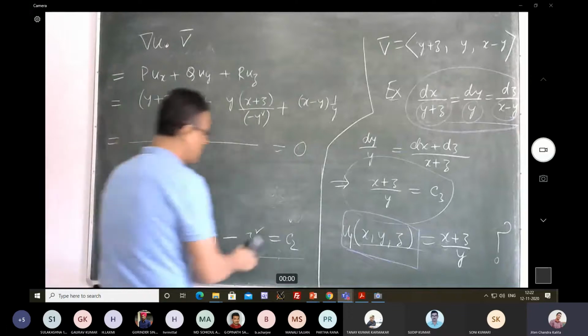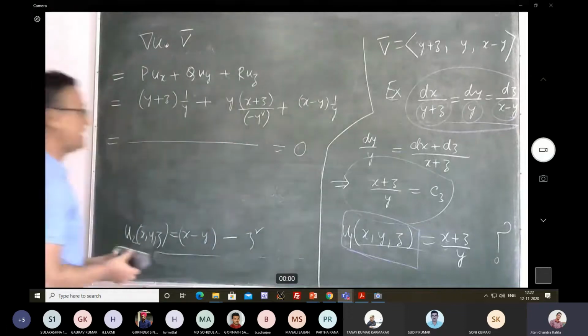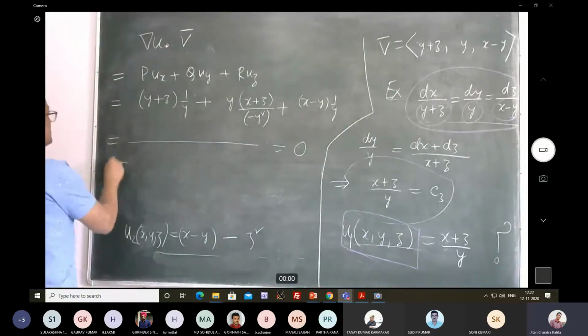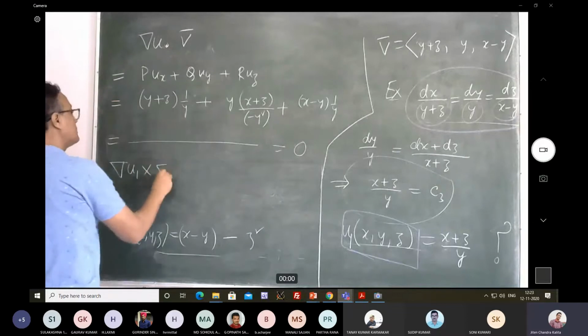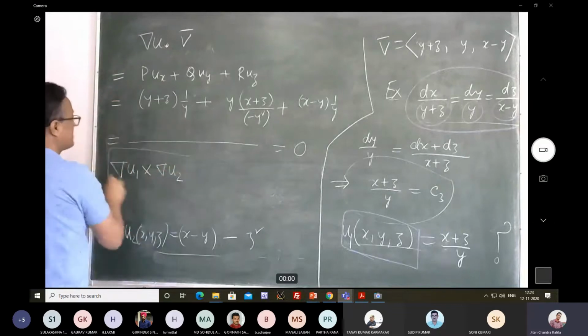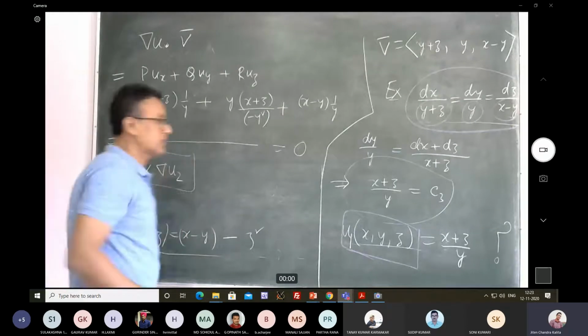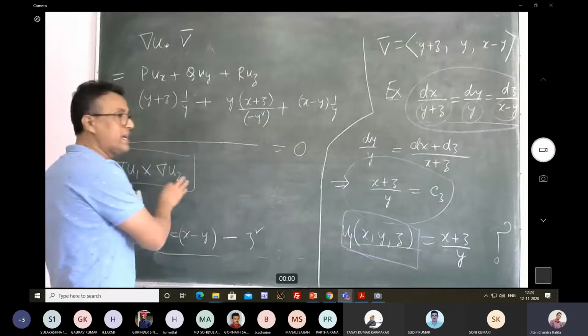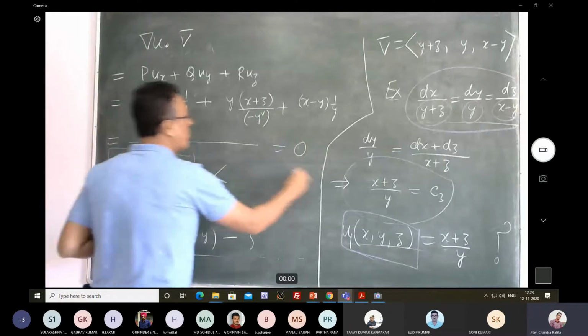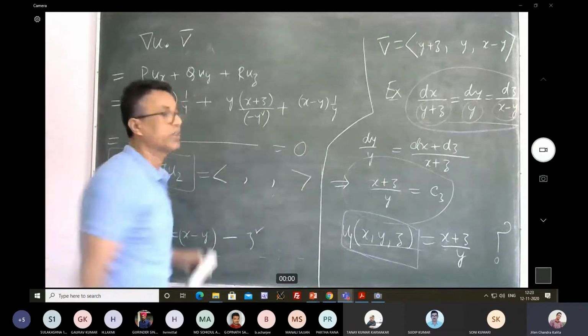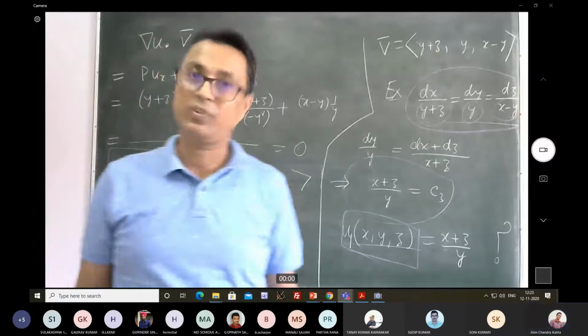Now the next thing is that you can definitely check, in this particular case, grad u1 cross grad u2, right? And you can check where this gradient vector is going to be non-zero.